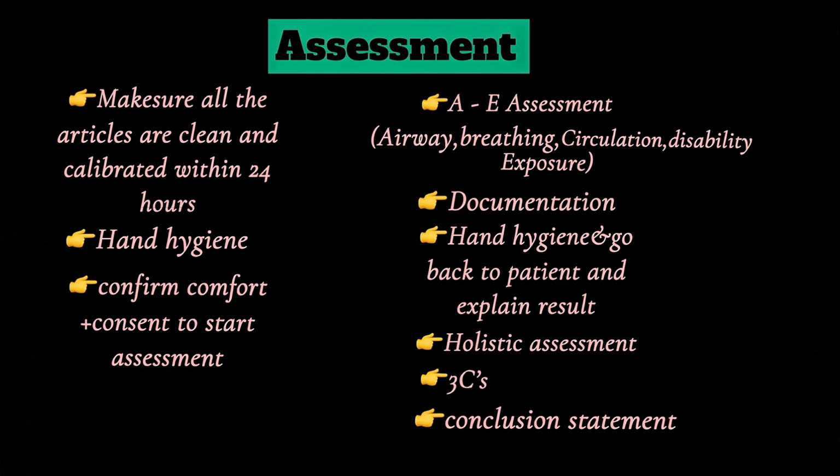And in the A to E assessment, what things you're going to assess, I will make a separate video on this, because if I tell you in this video, it will be very long and boring for you. So I will make a separate video on what you have to assess in the A to E assessment. You have to check all the things: temperature, pulse, respiration, oxygen saturation level, capillary refill, airway of the patient, and each and everything.